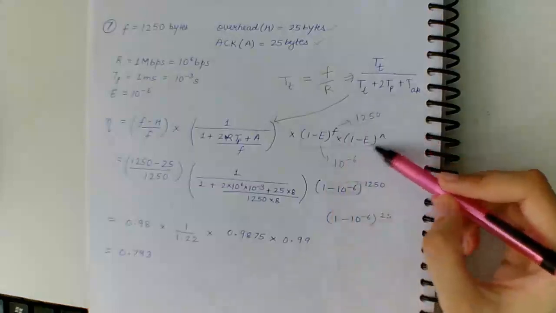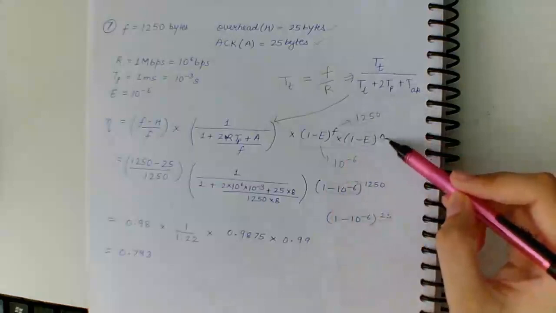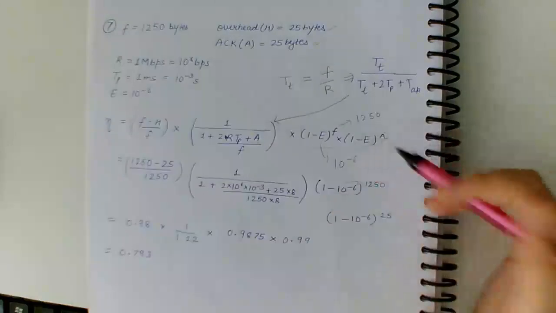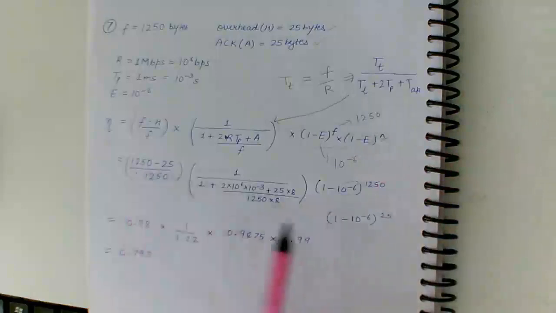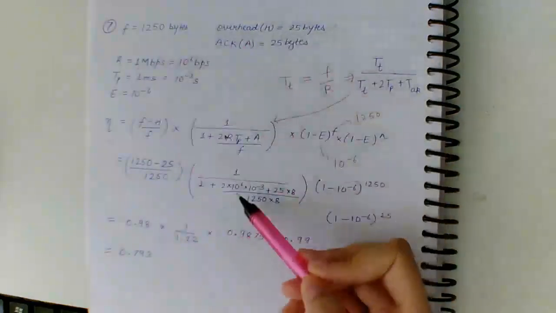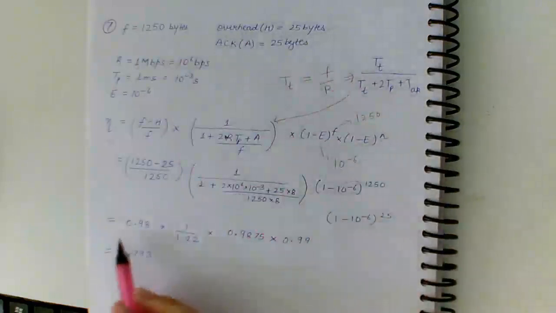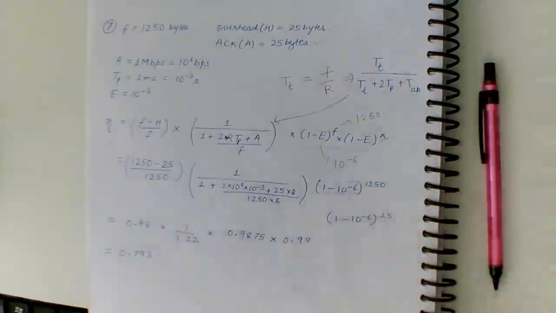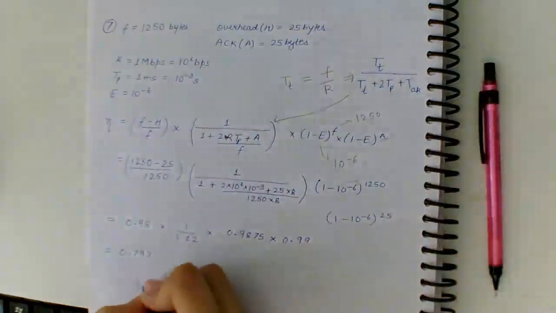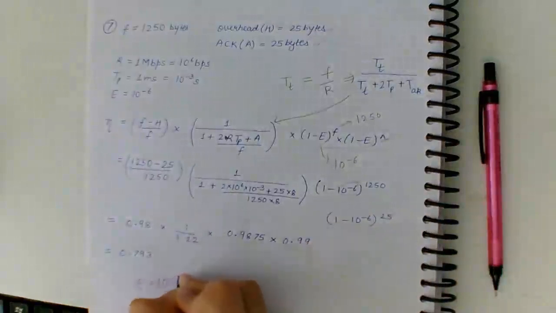As there is no error rate for acknowledgement frame given, we choose to not include it here. So we put all these values into the formula and solve, and we get 0.793 as the efficiency.